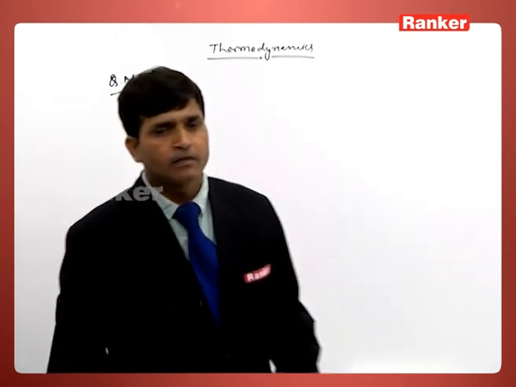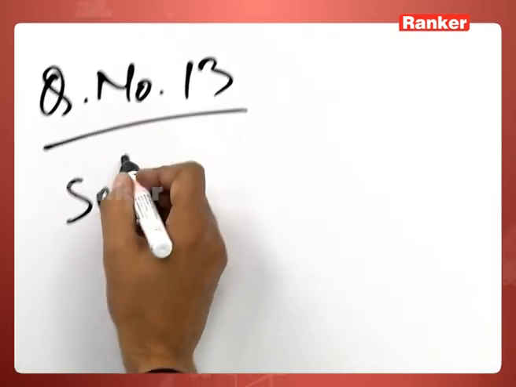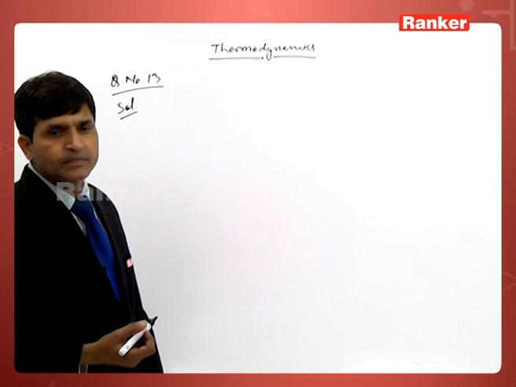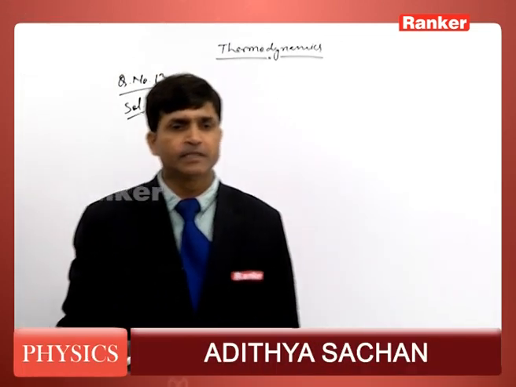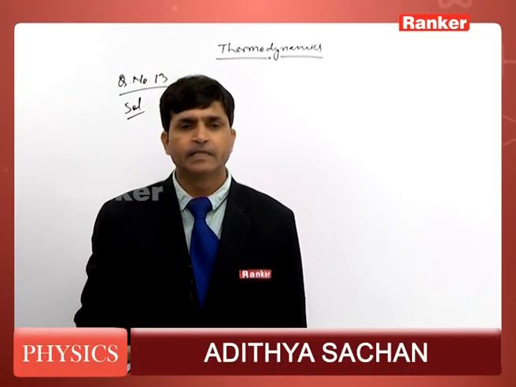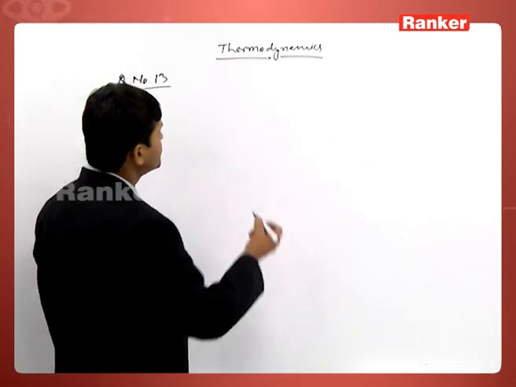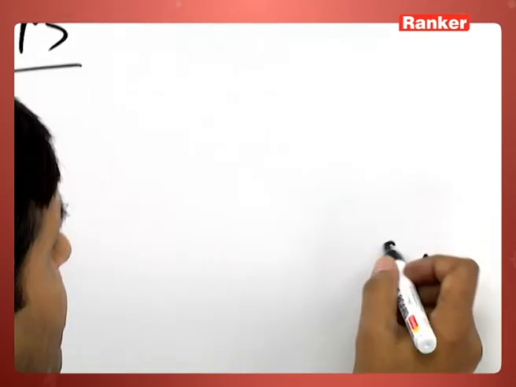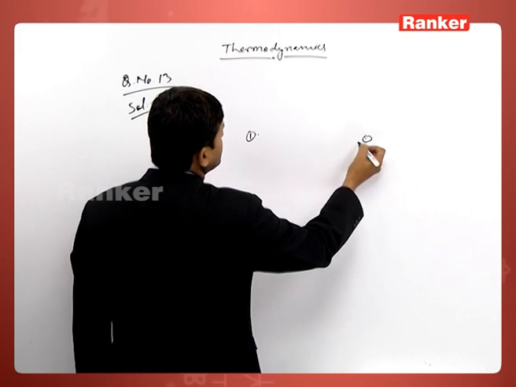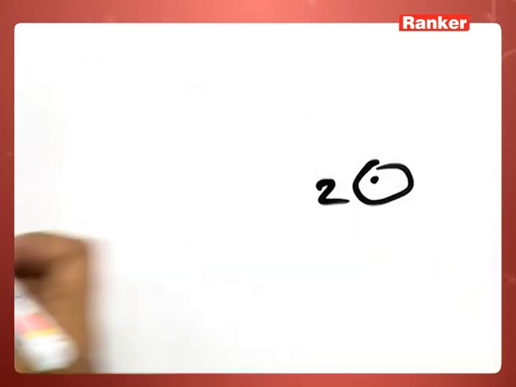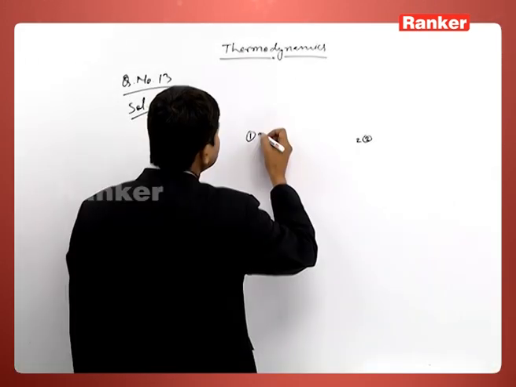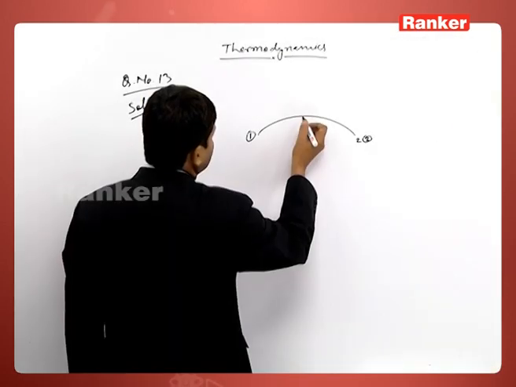Now see the whole question here. As per the problem, a gas undergoes a change of state during which 100 joule of heat is supplied to it. Let initially state number 1, state number 2. Now the gas has been taken from 1 to 2.